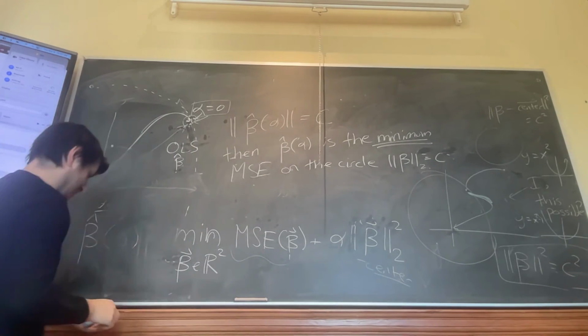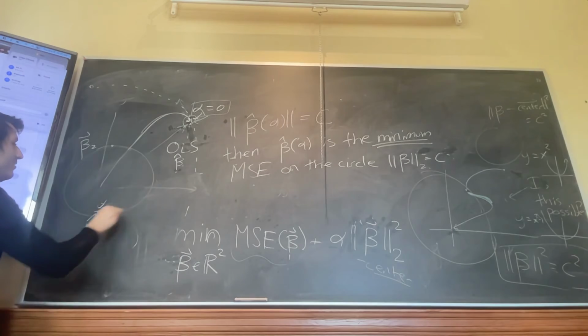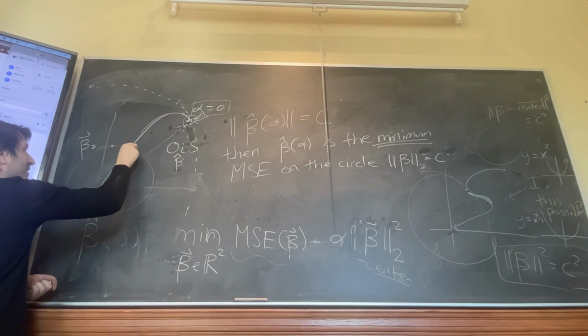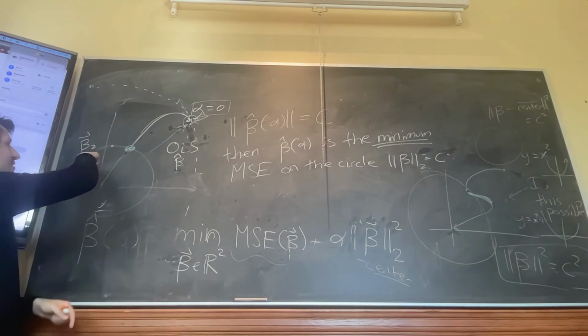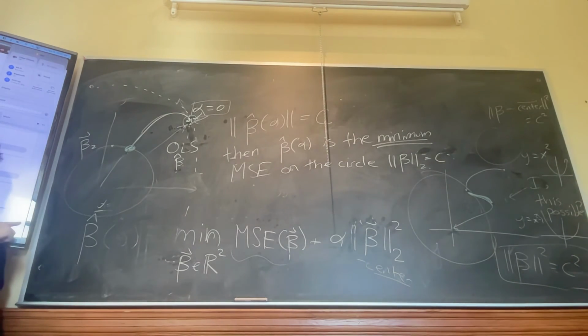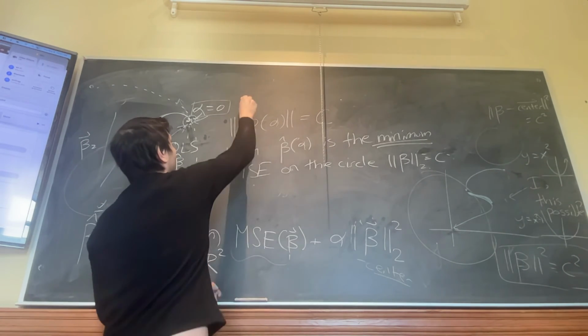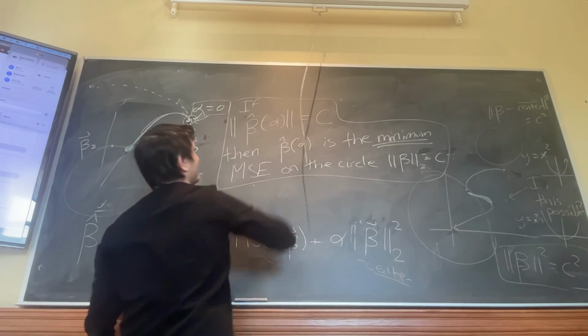So what it's saying is, anytime you draw a circle like this, if it intersects, the point of intersection is the minimum possible MSE of all the points on the orange circle. That's what the statement is. And if you believe this result, so if the norm is C, then it's the minimum.